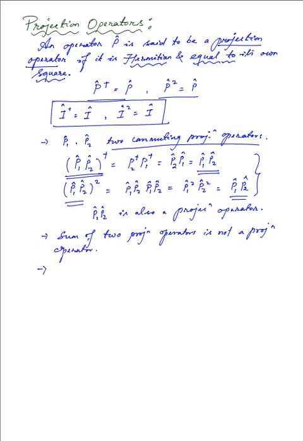However, if we wish the sum to be a projection operator, let's say we have P1, P2, P3 and so on, then it is necessary and sufficient that these projection operators be mutually orthogonal.